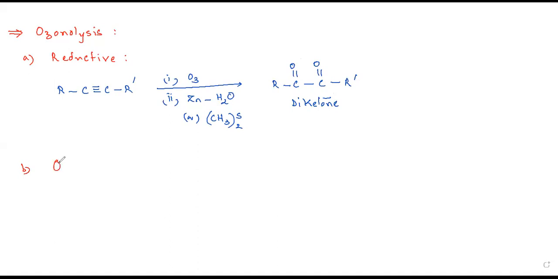Now, when you go for oxidative, it will be like hot alkaline permanganate reaction. Here, the bond undergoes cleavage and we'll get this.